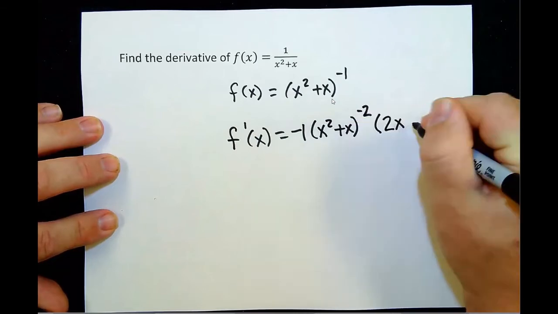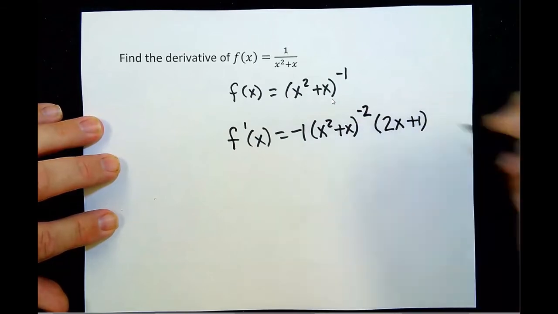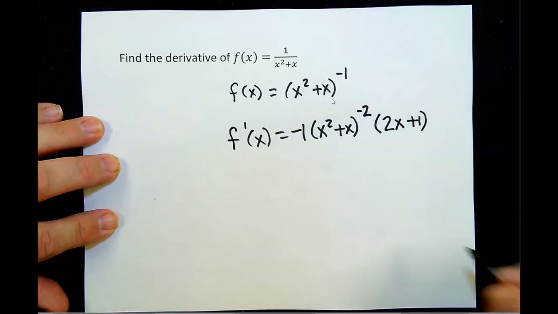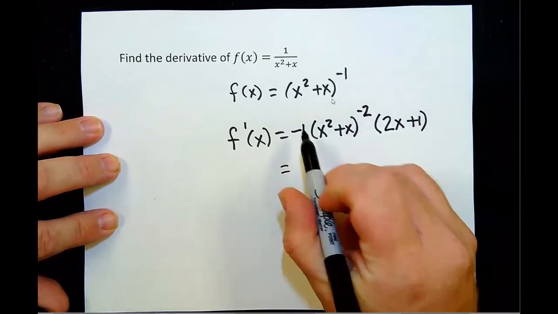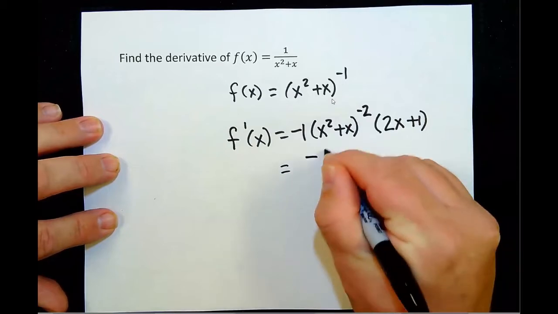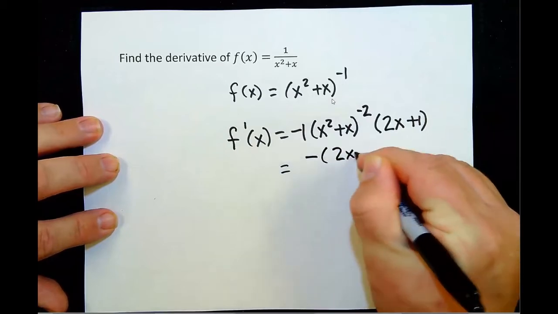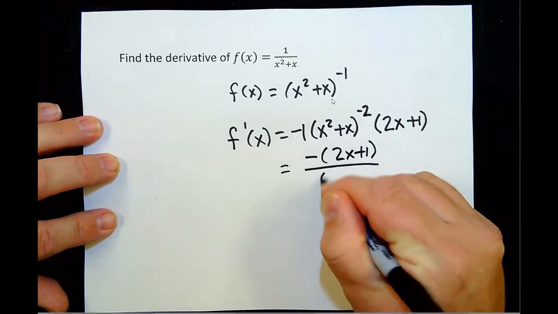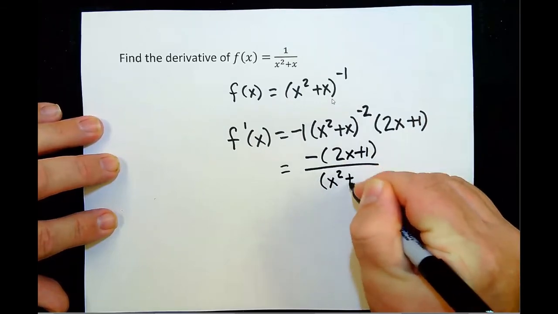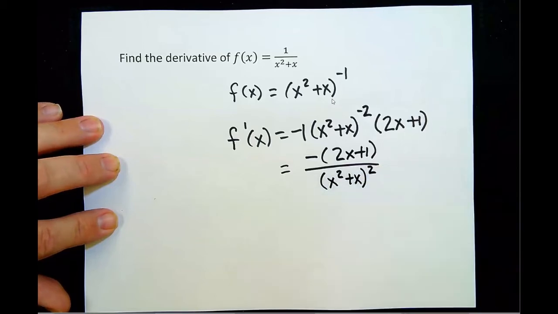The derivative of x is 1. Now I just need to simplify. So I've got negative 1, so I could probably put it as negative (2x plus 1). And the negative power means that I'm going to take and put it down in the denominator.